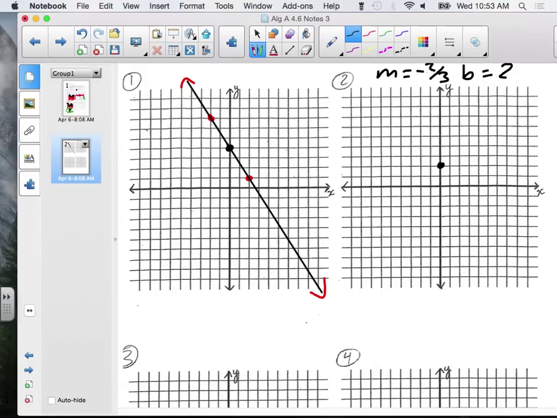Down 2, right 3. And what's the other way we can write our slope? Up 2, left 3. And then we just draw our line through our whole graph right up there.